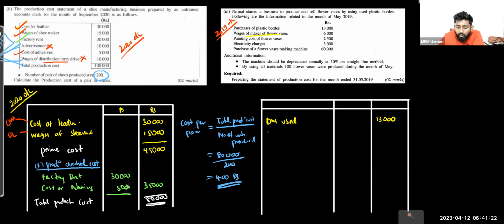So wages, or direct wages. I'll use the words production wages, or anyone who wrote wages of maker of flower vases, still correct. You can write the same thing that is in the question. There are no other direct expenses. So students, 19,000 is your prime cost. Understood, everyone?